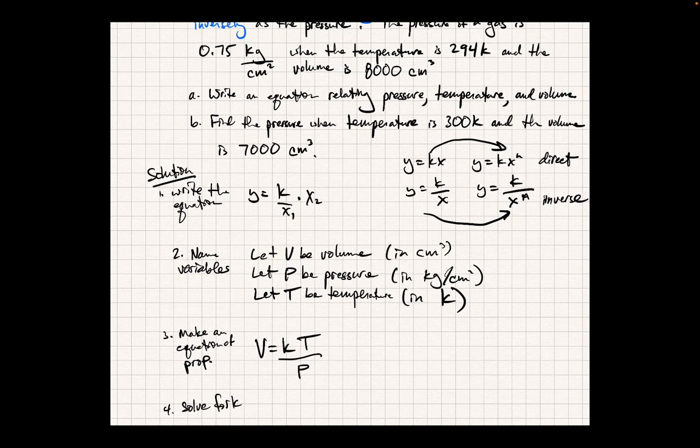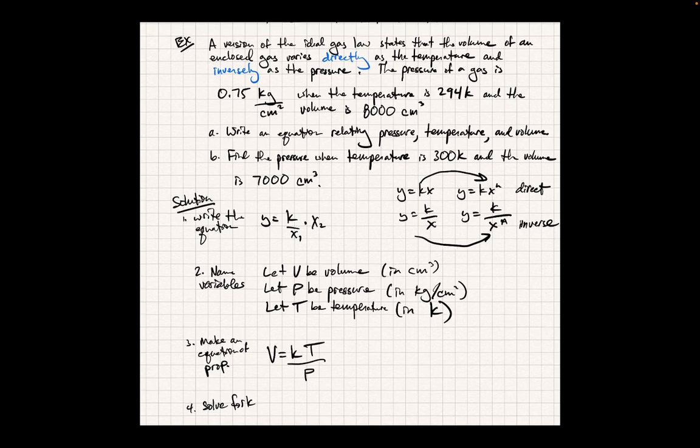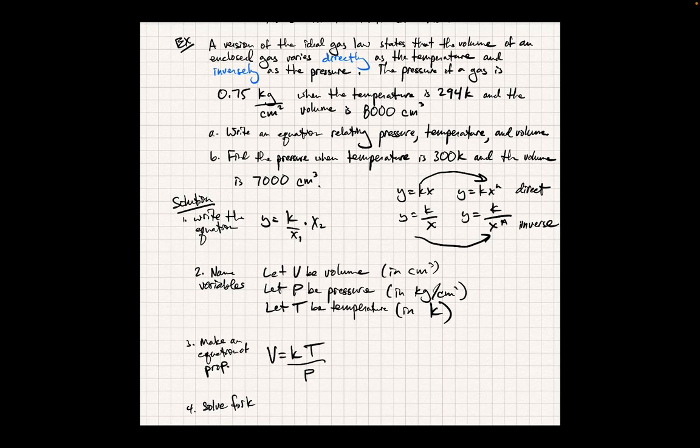On problems like this, the pattern is they give us an example where we can say, in one circumstance, I know that pressure is this, I know that temperature is this, and I know volume is this. This gives me a way to put numbers in for everything but K, and that allows me to solve for what K is.